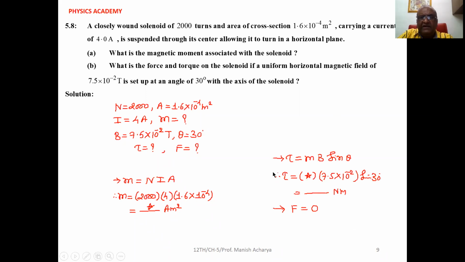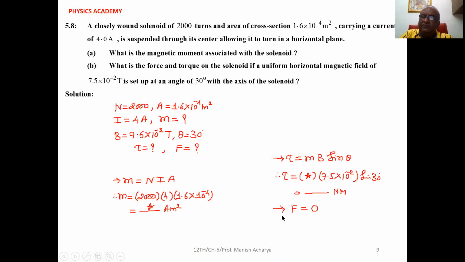Then torque acting on it is tau equal to MB sine theta. Substitute this calculated value of M here. Then B is given as 7.5 into 10 raised to minus 2. Theta is 30, so sine 30 degrees. Solve it, you will get the answer.